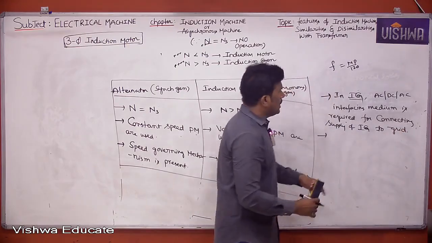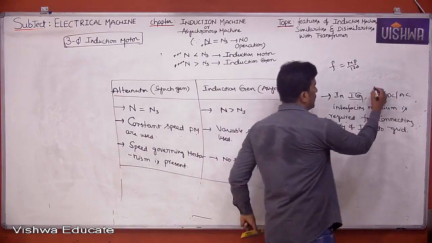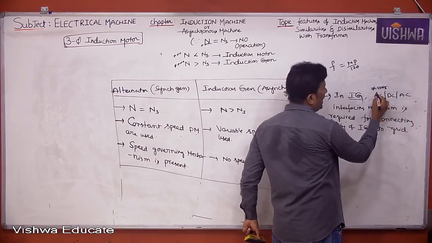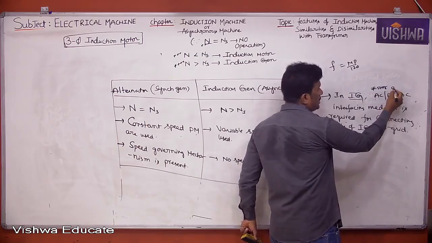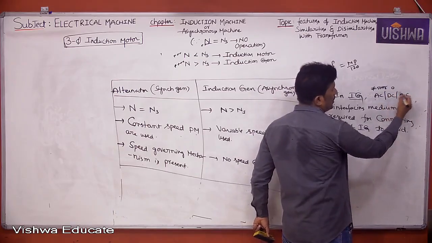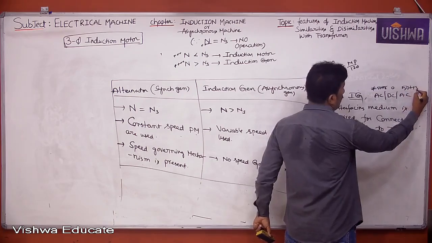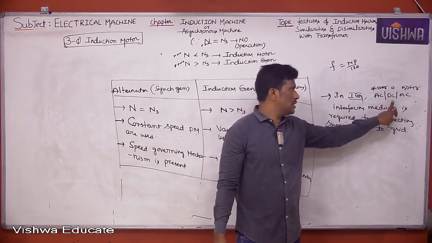You will get some frequency here which is not equal to 50 Hz. That has to be converted from AC to DC, and then the DC has to be converted to AC at 50 Hz.